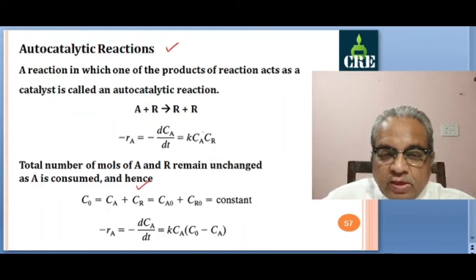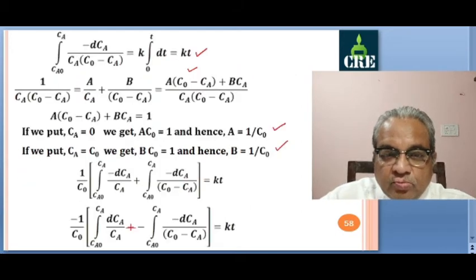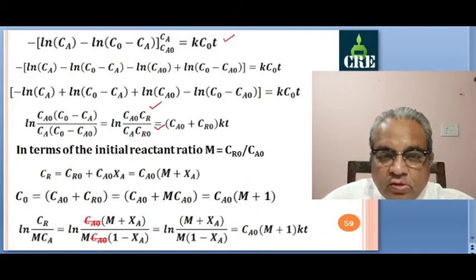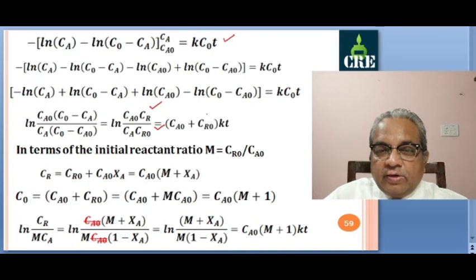C0 is equal to CA plus CR. C0 is also equal to CA0 plus CR0. So from this we have written C0 minus CA is CR and C0 minus CA0 is CR0, and that is equal to K C0 T. And what is C0?